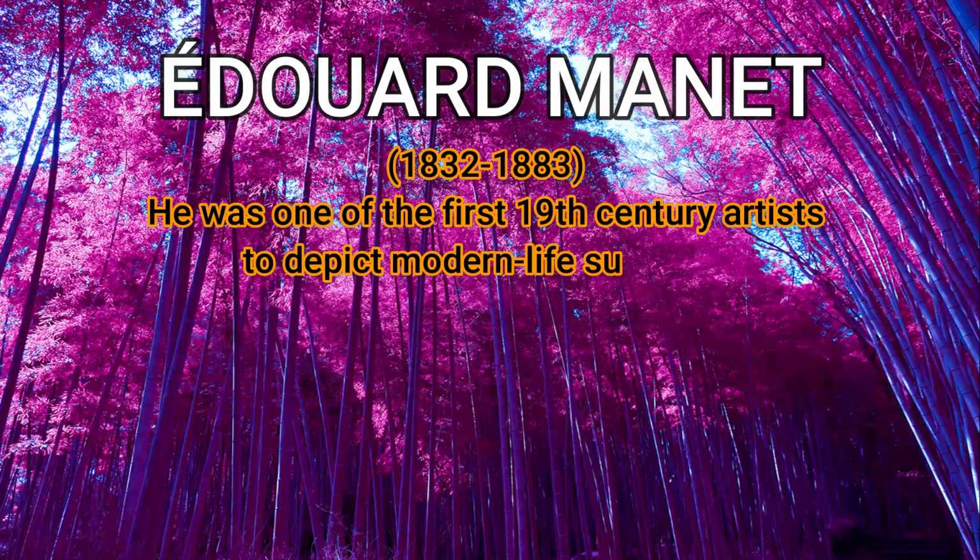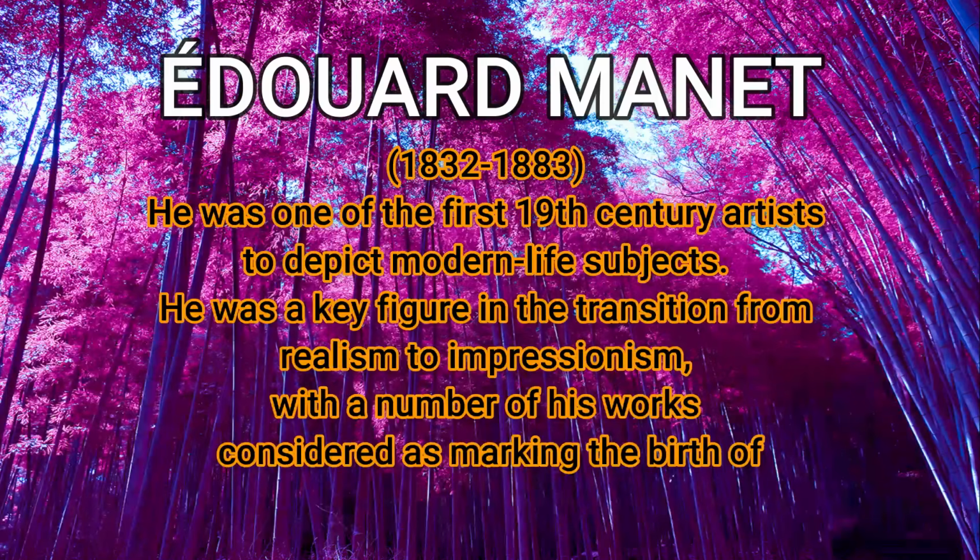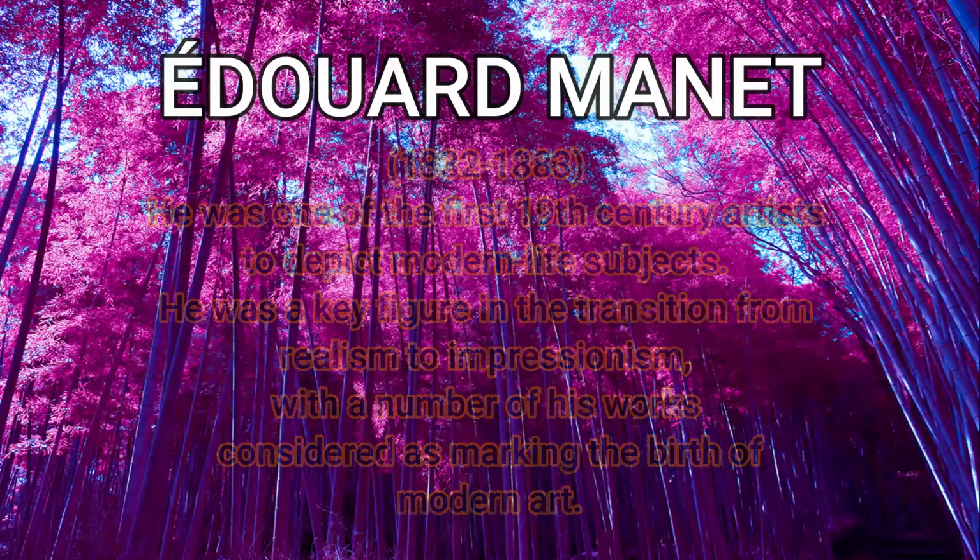He was born in 1832 and died in 1883. He was one of the first 19th century artists to depict modern life subjects. He was a key figure in the transition from realism to impressionism, with a number of his works considered as marking the birth of modern art.